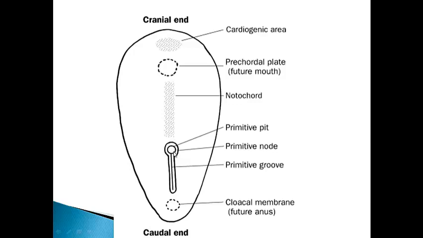There is a depression in that node called the primitive pit, and there's also a line on top of the primitive streak called the primitive groove. Remember that this structure appears around day 15 to 16, appears at the caudal end and starts growing towards the cranial end, and it is the structure that gives out the signals that cause gastrulation to happen.